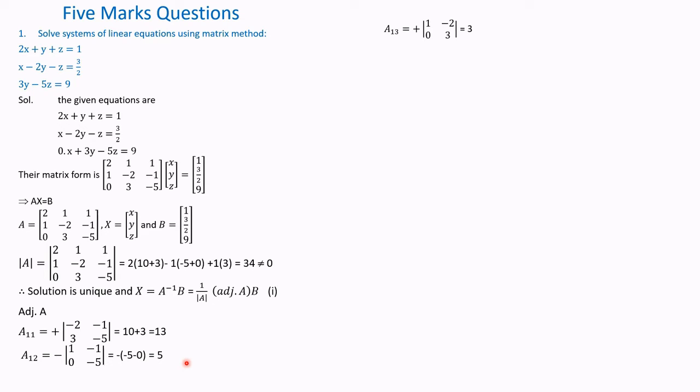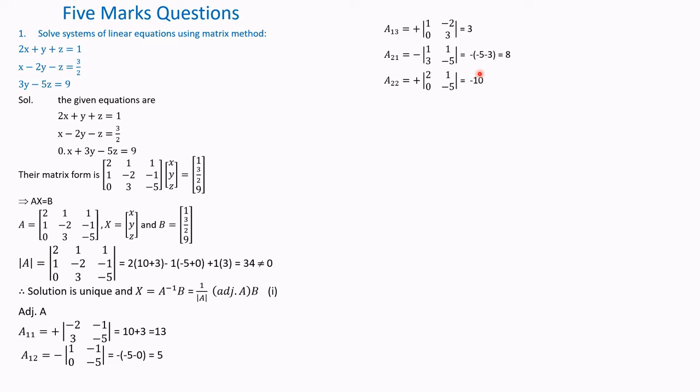Similarly, we can calculate A13. A13 is 1, minus 2, 0, 3, which is equal to 3. Next is A21: you delete the first column and second row. We get 1, 1, 3, minus 5, that is minus of minus 5 minus 3, which is equal to 8.